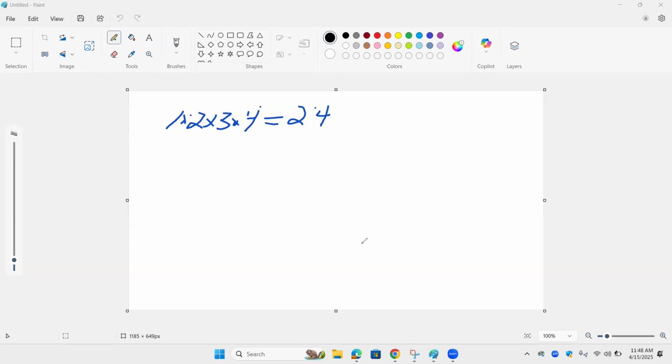Let's try it with 2 times 3 times 4 times 5. So that's 2 times 3 is 6, times 4 is 24. 24 times 5 is 120.